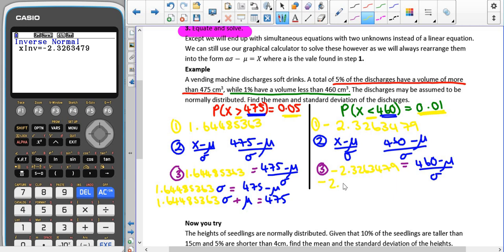So minus 2.3263479 sigma equals 460 minus mu. Then we're going to add on our mu. So we're going to have minus 2.3263479 sigma plus mu equals 460.